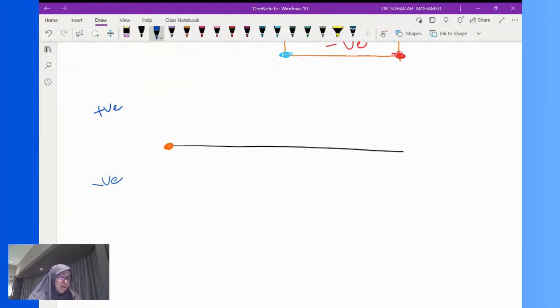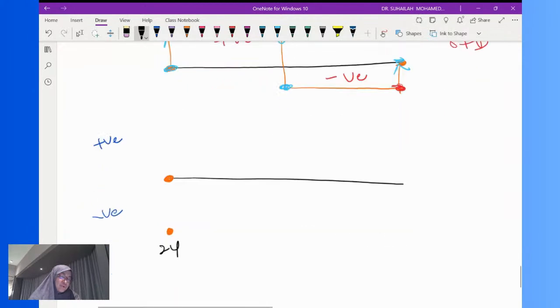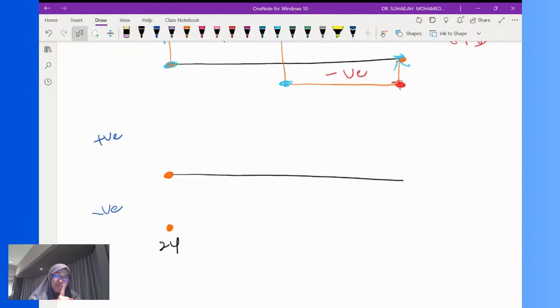Now I just want to set it like this: positive upward, above the line, and negative below the line. The moment is negative 24, which means the point for negative 24 is located somewhere here. That is the first value.